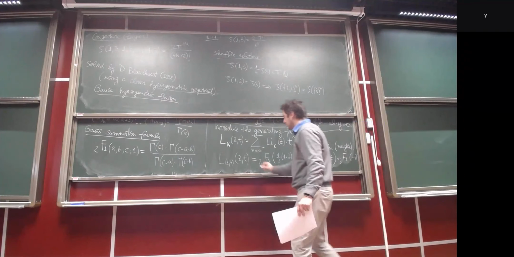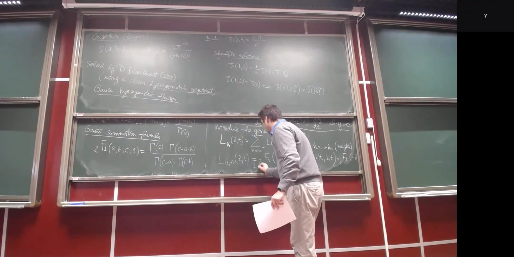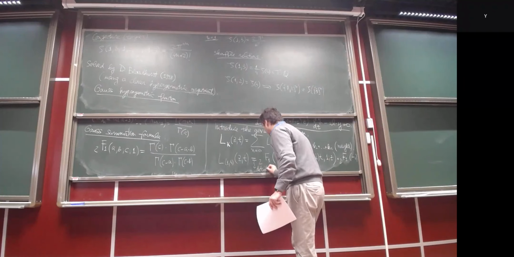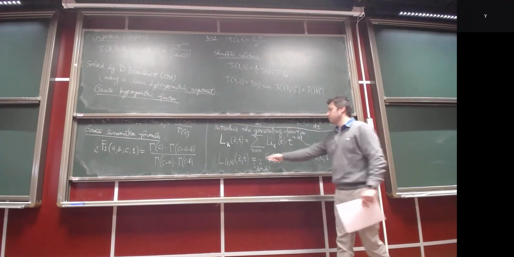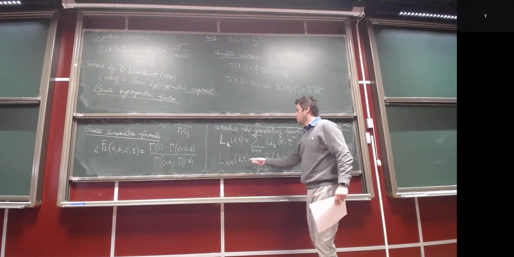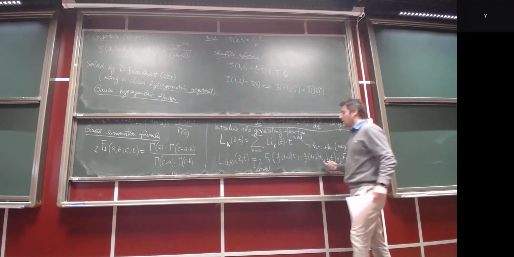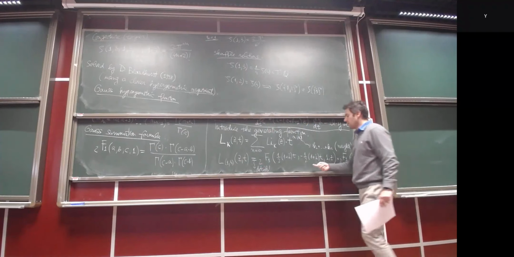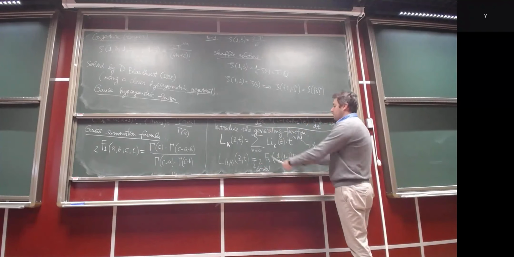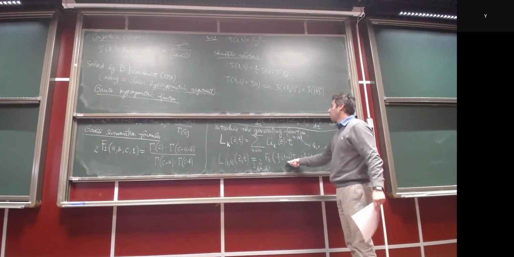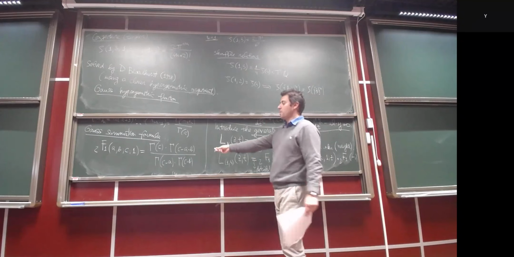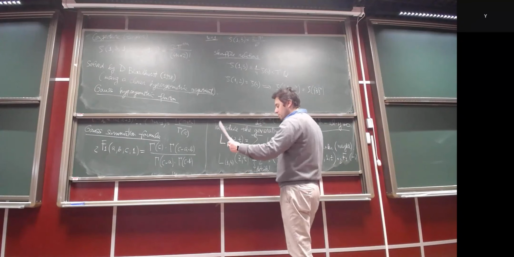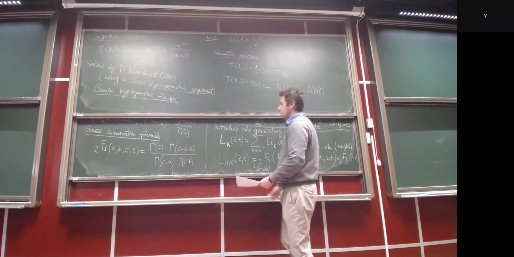Once you prove this, which requires some details that I'm going to skip, this is basically the most important part of the proof: expressing this generating function as a product of two hypergeometric functions. After I do this, I can use the Gauss summation formula and do all the computations.